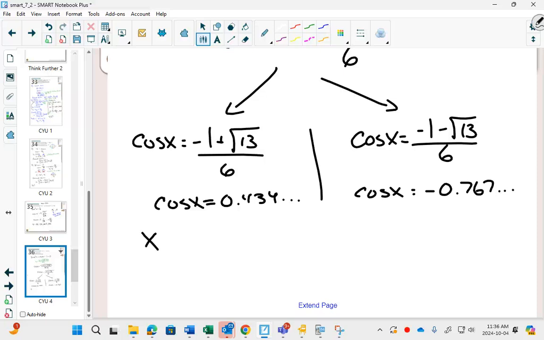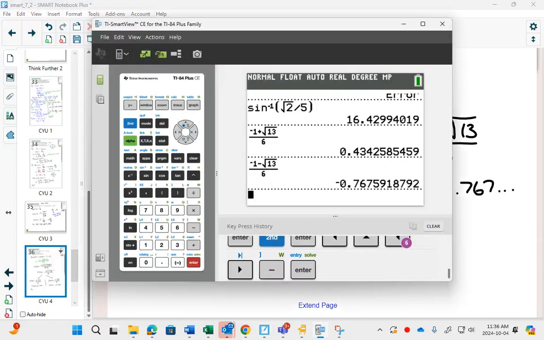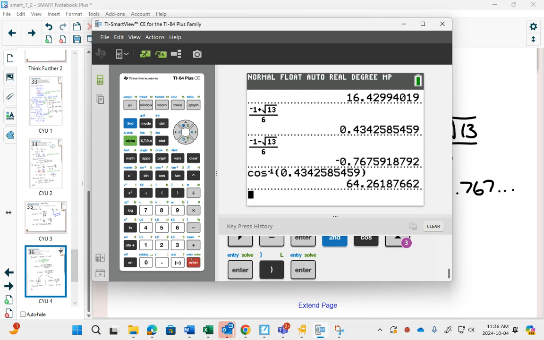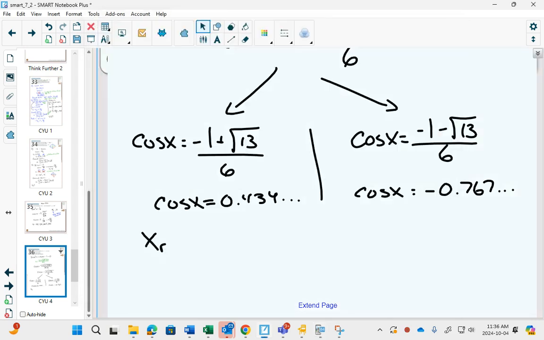Now we're going to have to find a reference angle. Because they're using x in this question, we'll have x with a little r for a reference angle. So I go to my calculator, I'm going to go second cos inverse, and this is the first one that I'm doing. Reference angle of 64.26. Is this question in degrees?